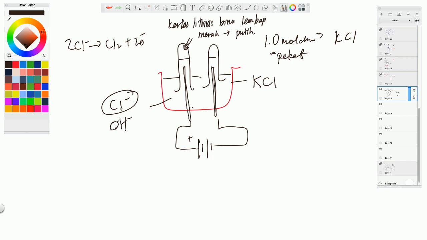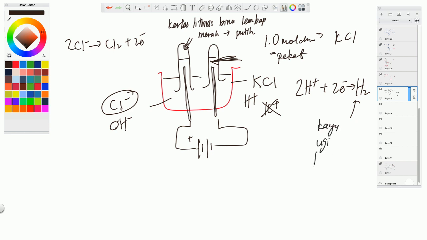Sekiranya gas yang terbentuk di cathode, ion dia ialah ion hidrogen dan ion hidroksida. Tapi ion hidroksida tidak akan dinyahcaskan. Ion hidrogen dinyahcaskan menjadi gas hidrogen. Ini ialah kayu uji bernyala akan mempunyai bunyi pop. Okay? Alright. Can I have the next question?